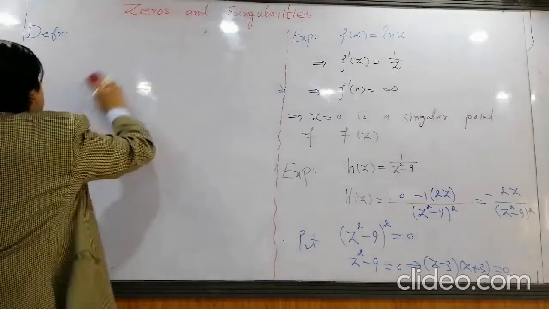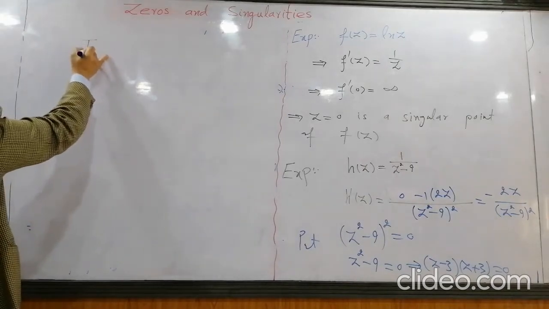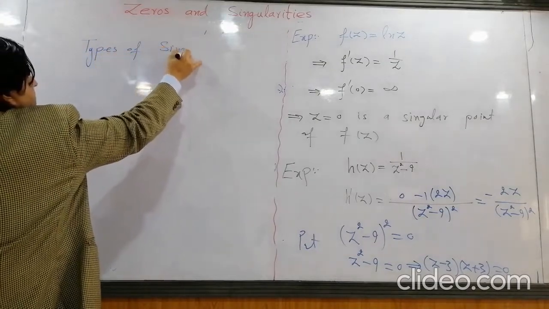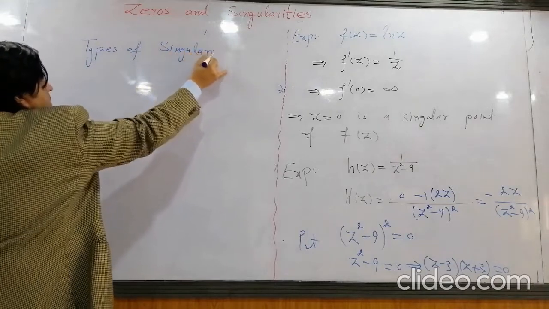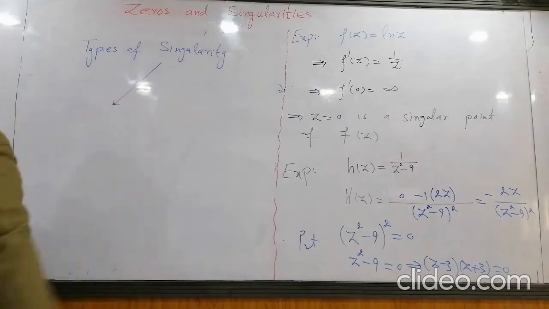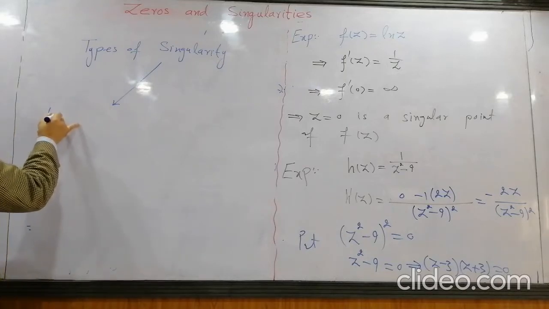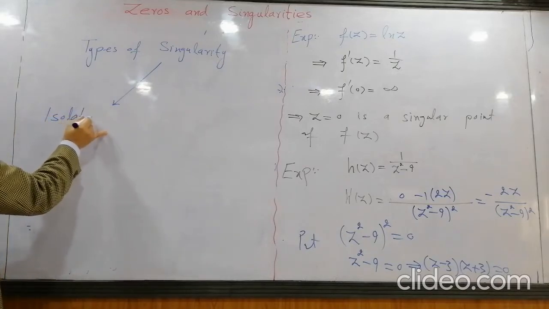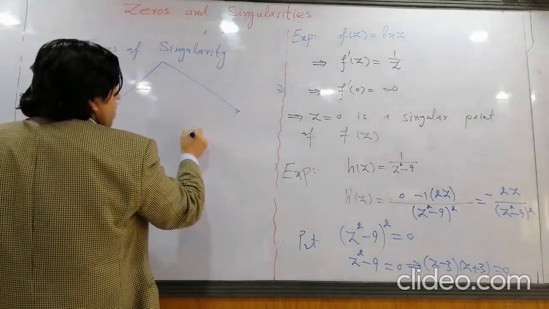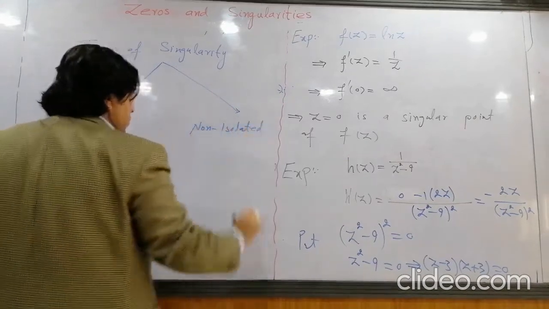Now let us discuss some types of singularities. There are basically 2 types of singularities. The first one is called isolated singularity, and the second one is called non-isolated singularity.